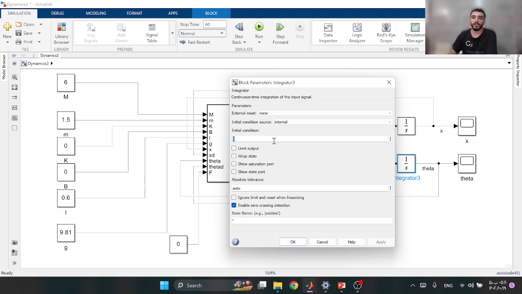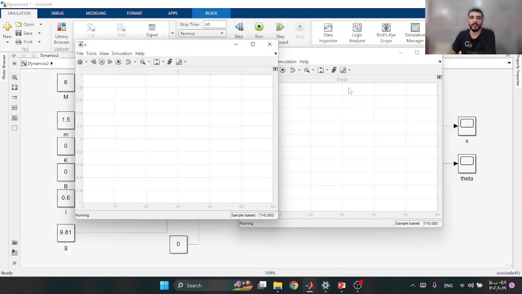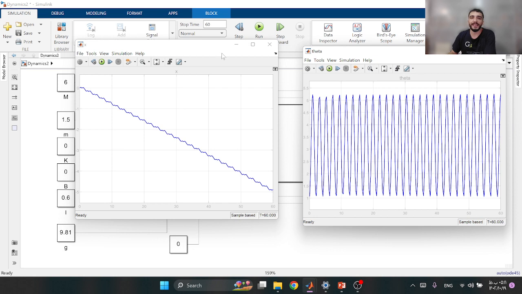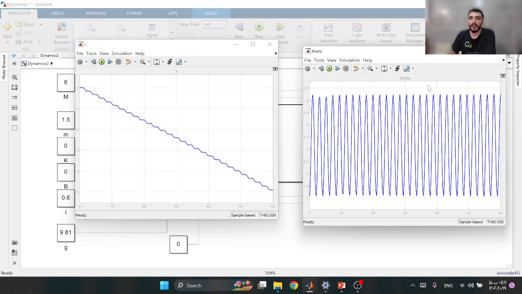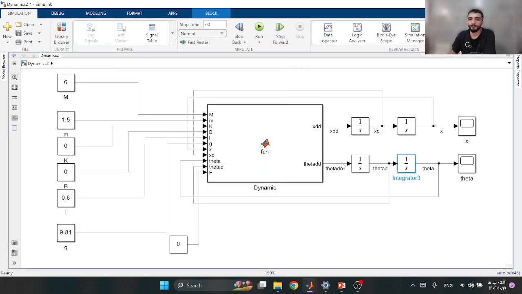Now I want to change the initial condition of theta to pi over 3 to see what happens. If I run the simulation, we can see that for 60 seconds, the pendulum is oscillating like a sine wave here, and x is decreasing in the negative direction.